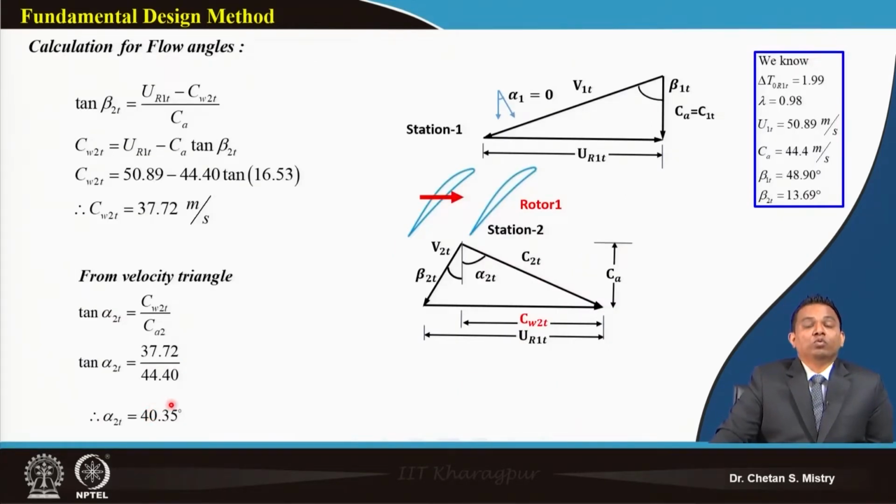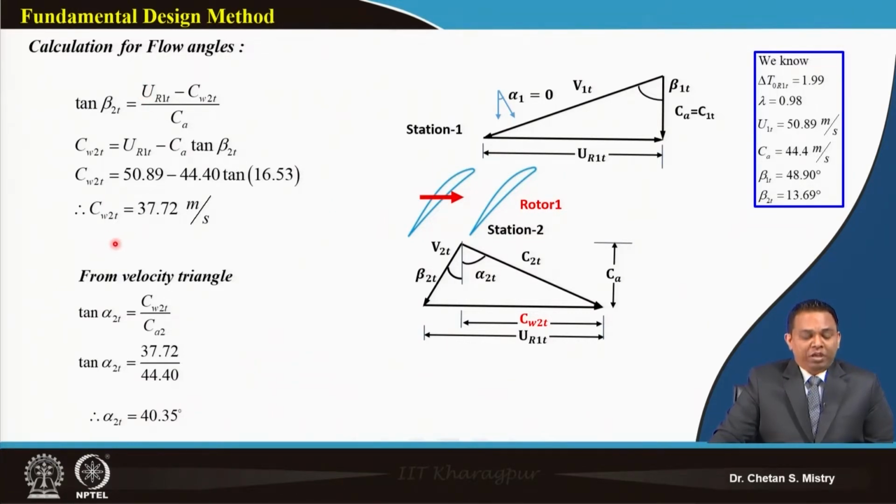Now, in order to do the calculation at the tip station, we need to know our CW2 at the tip. From my tan law, tan beta 2 is nothing but U minus CW2 divided by CA. Be careful with what we are putting, that it is at the tip station, because we are doing our calculation at the tip station.